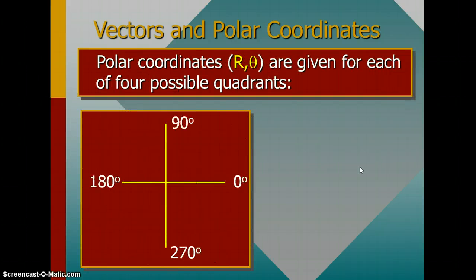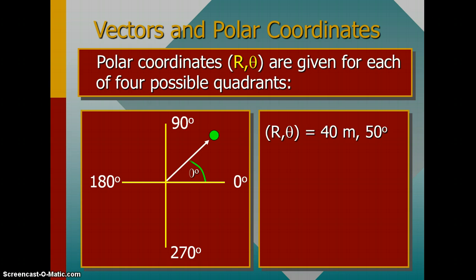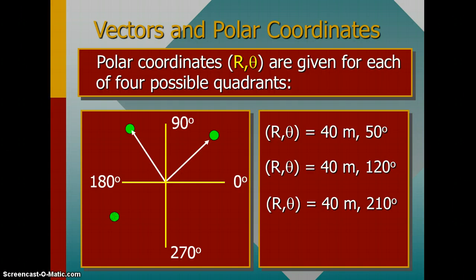Polar coordinates are given for each of 4 possible quadrants. Like we said before, northeast, southwest, northwest, then we have southeast. Southwest and southeast, right? Which is this one.